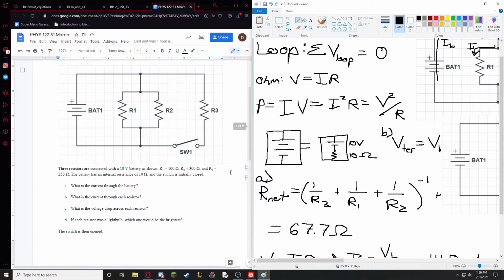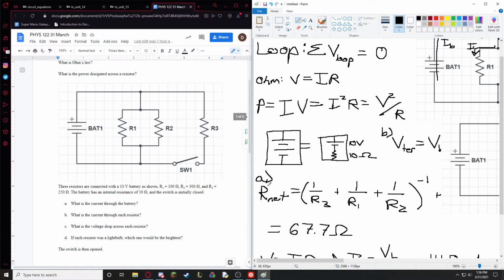Basically, if we ignore R3, then 1 over R3 gets removed. So we just completely ignore that. That means this 1 over R1 plus 1 over R2 goes down, which means the actual R net is going to go up because we have to take the reciprocal.